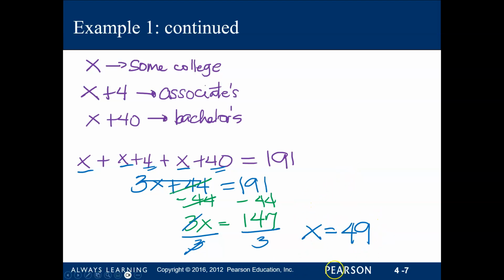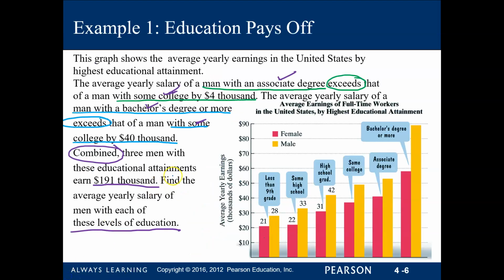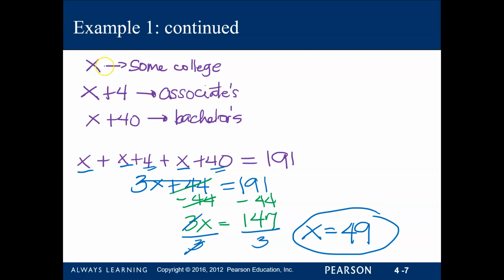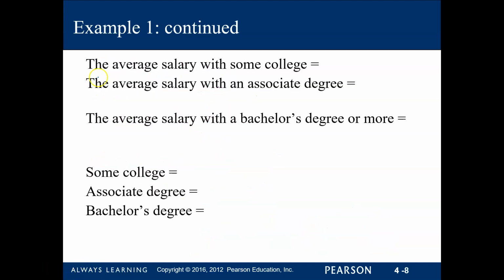Are we done with the question? Well, we are able to get the value of x. But going back to the question, find the average salary of the man in each of the levels of education. So we need to find the salary of all 3 of them, some college, associates, and bachelors, okay? So according to our solution, the average salary of some college is going to be 49,000.